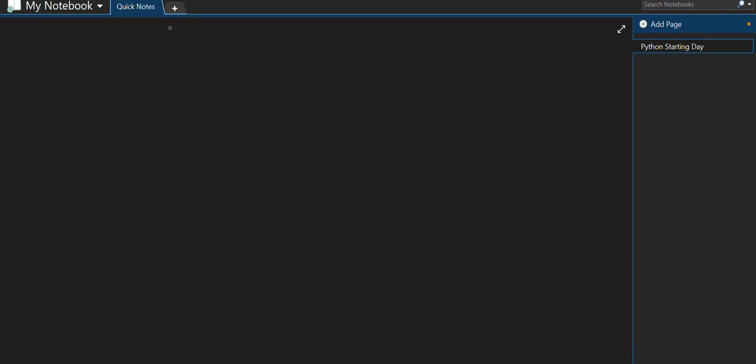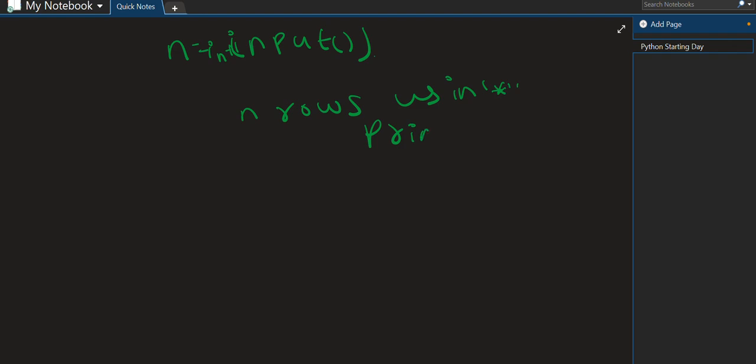Here they want us to take n as input. We want to take an integer, that's why we are taking input. We have to print n rows using stars and print the pyramid.